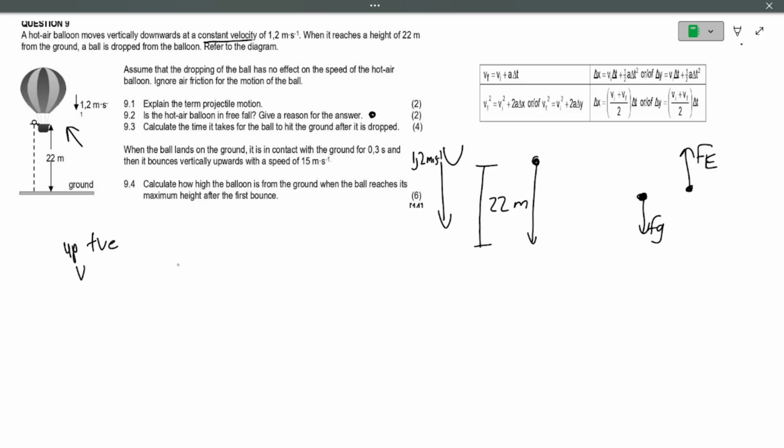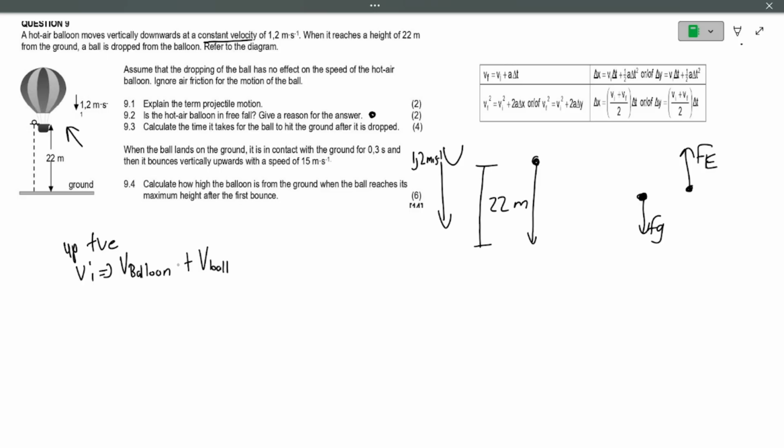There is the initial velocity with which the ball leaves the water balloon, and we want the time it takes for the ball to hit the ground after it leaves the balloon and goes down. This initial velocity is equal to the velocity of the balloon, the velocity at which the balloon is moving, plus the velocity of the ball, or of the stone.